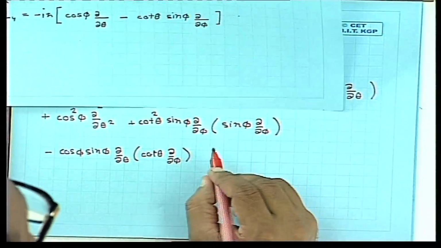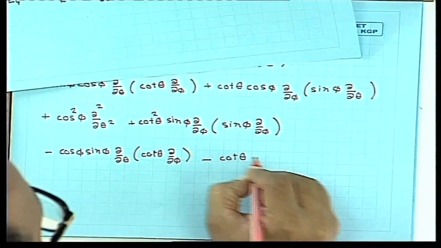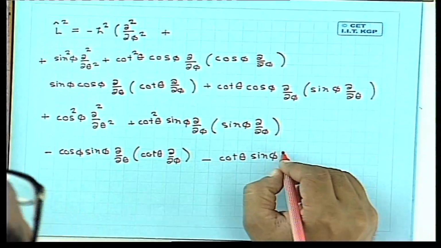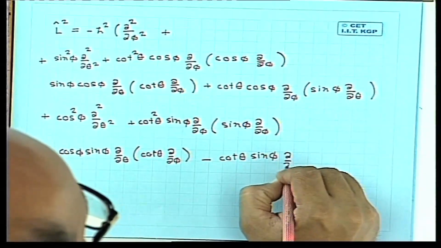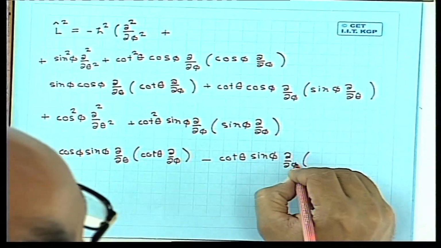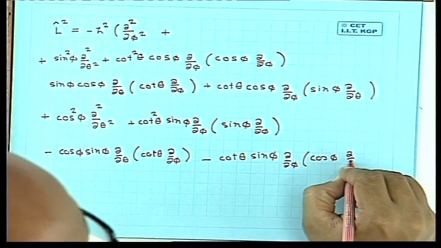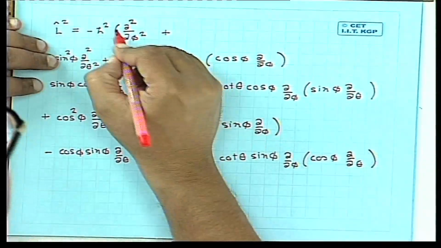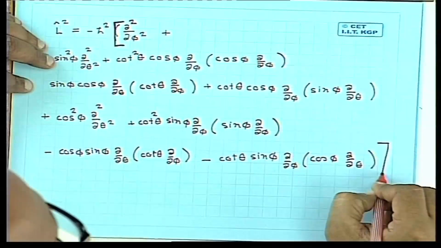So I have minus cot theta sin phi del by del phi cos phi del by del theta. Let me put a square bracket here to avoid confusion. So this is the whole thing.